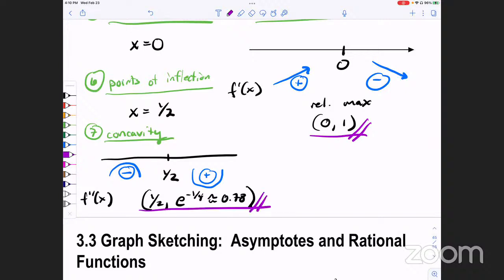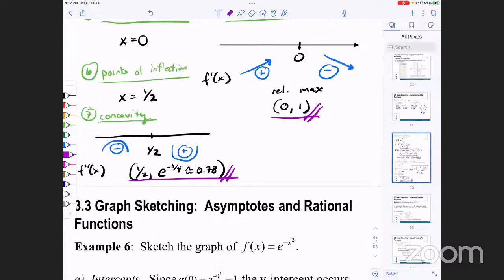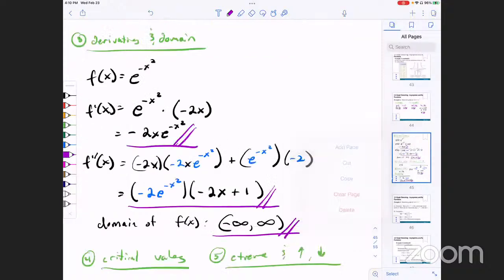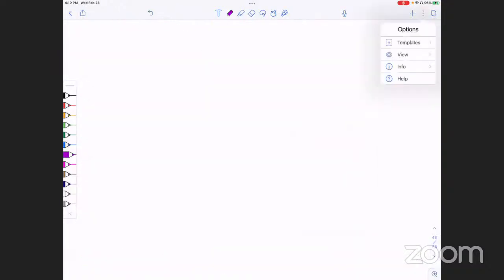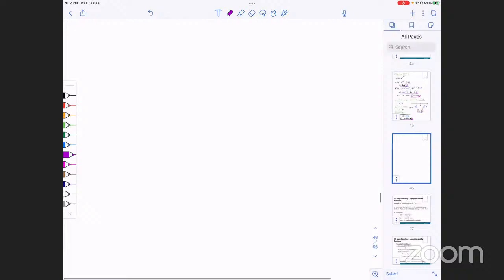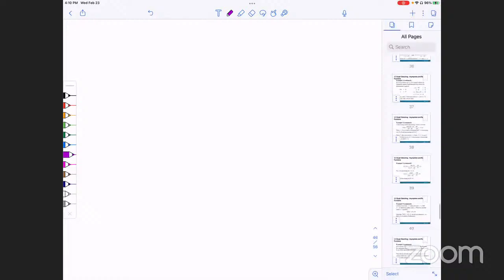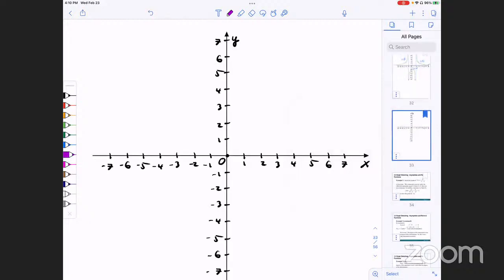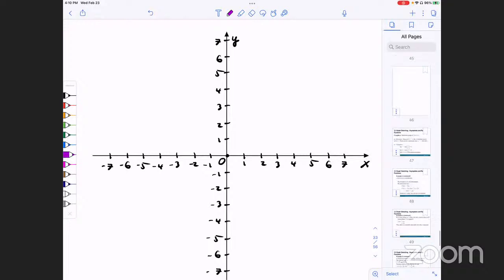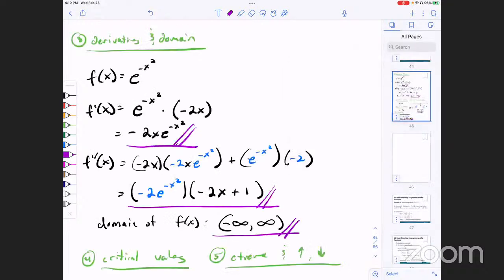We got our intervals of concavity. So if we put all this together, now we're going to sketch the curve. Actually, let me just pull a copy. I'm going to copy this and paste it right there.